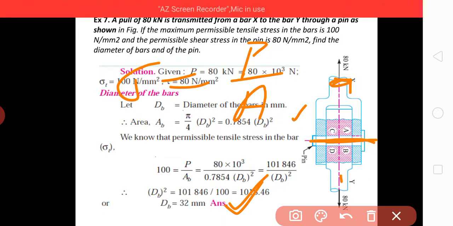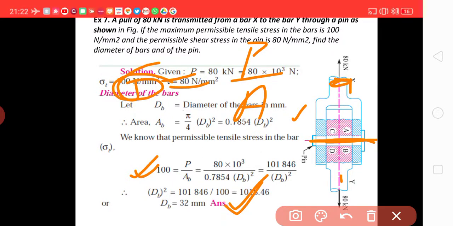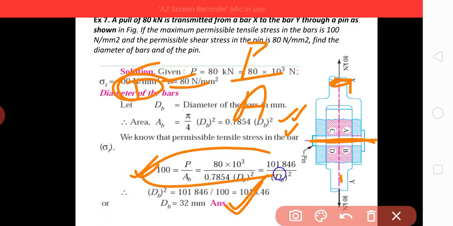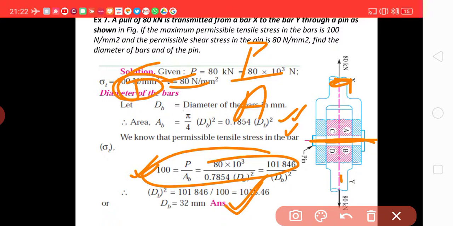So 100 Newton per millimeter square is the limit here. We have applied the simple formula. First we found the area of the bar in terms of diameter, which was this much. When we put the value here, then the diameter of the bar comes out to be 32 mm.